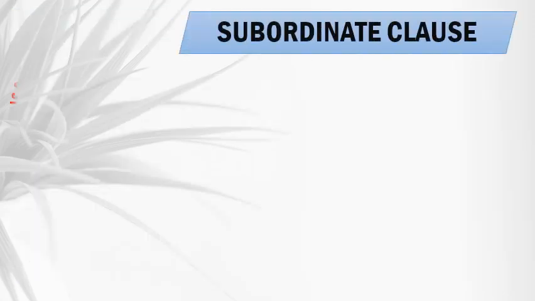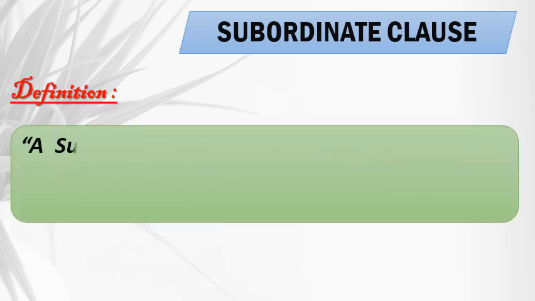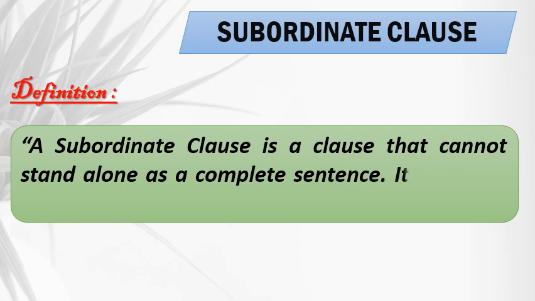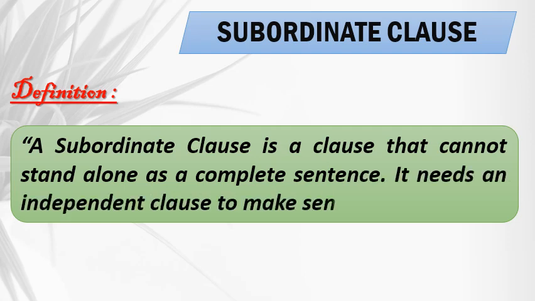Now let us see what is the meaning or definition of subordinate clause. A subordinate clause is a clause that cannot stand alone as a complete sentence. It needs an independent clause to make sense.